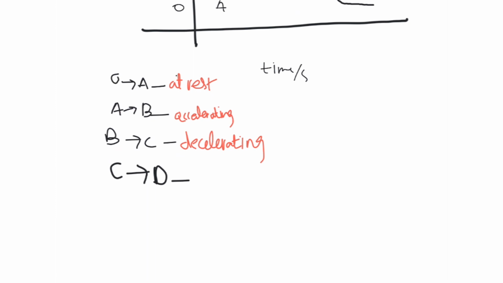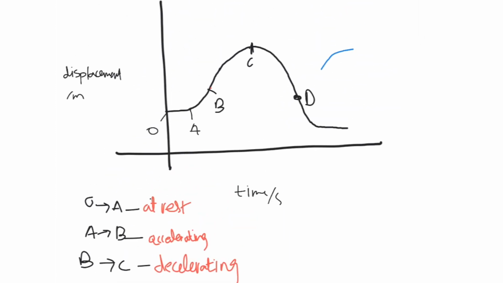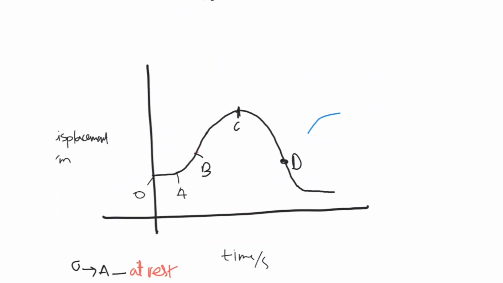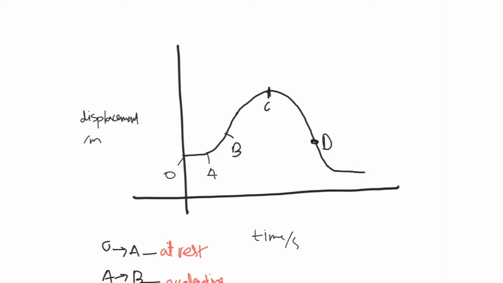Now from C to D the case is a bit different from the cases which we have discussed earlier. Now here the displacement is decreasing. After an increase in displacement, if the displacement is decreasing, it means the distance from the initial point is decreasing, which means that it is coming closer to the initial point.